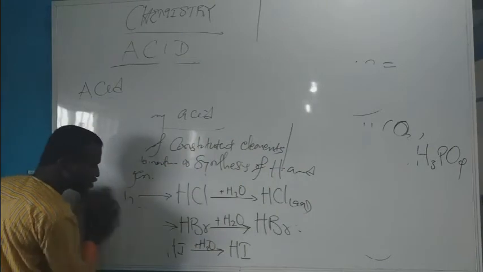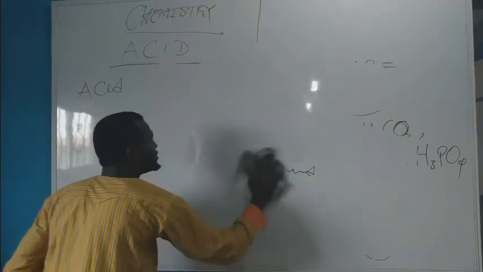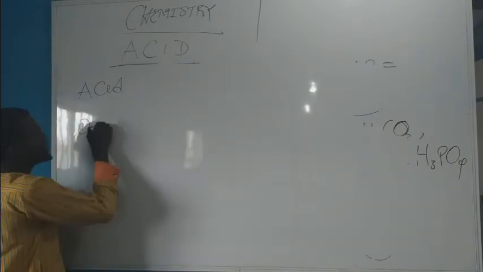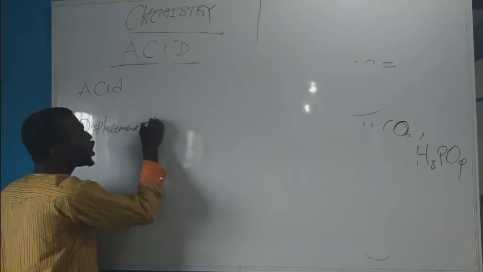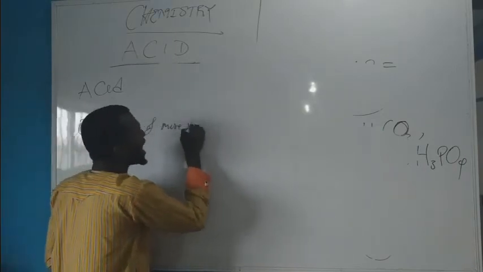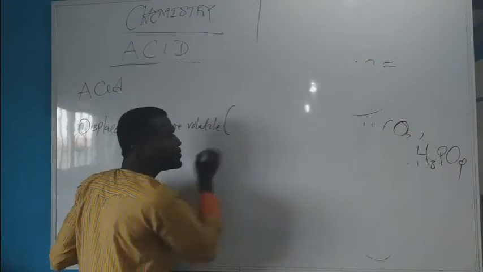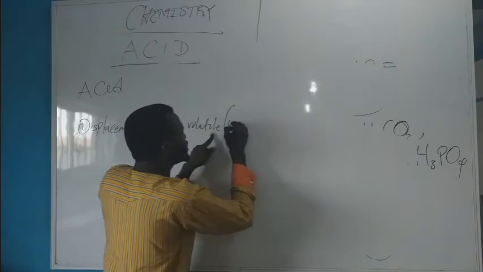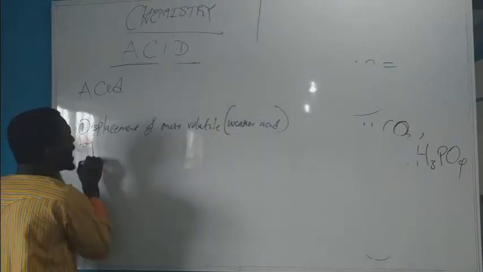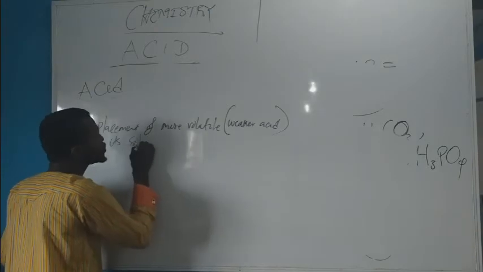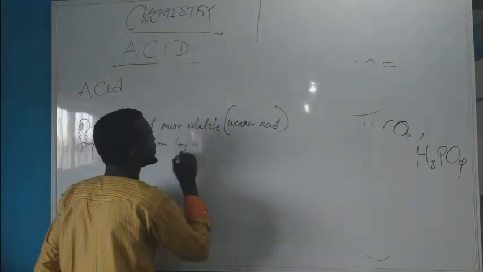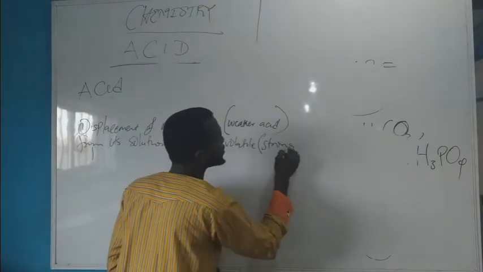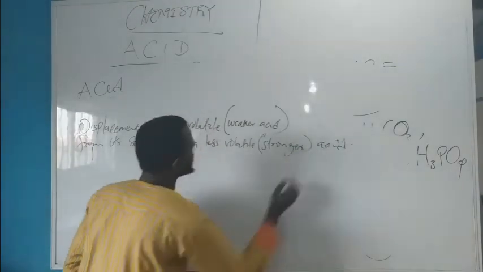Then the third method is displacement. I'll give you an abridged version of the statement. Displacement of more volatile, in parentheses, that is weaker acid, from its solution by a less volatile or stronger acid.